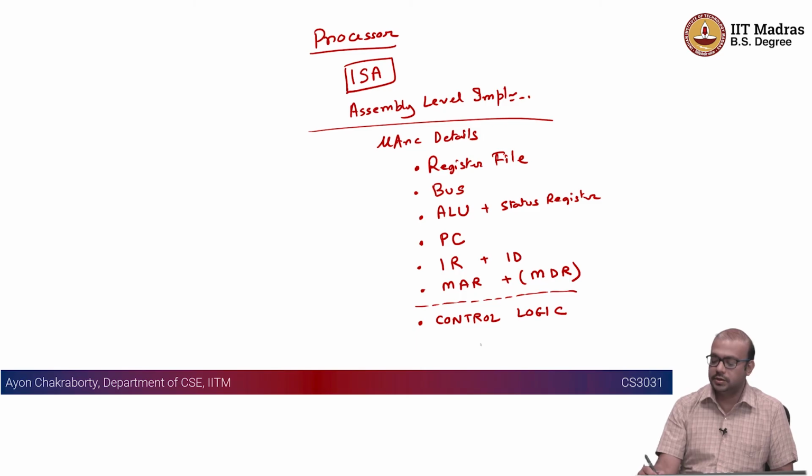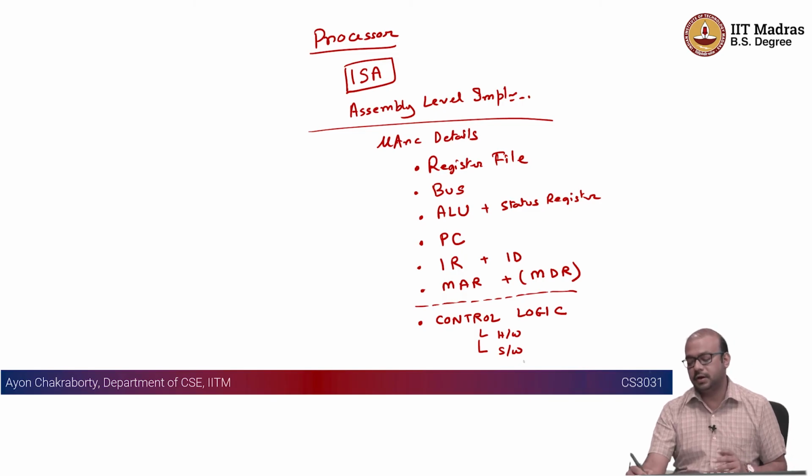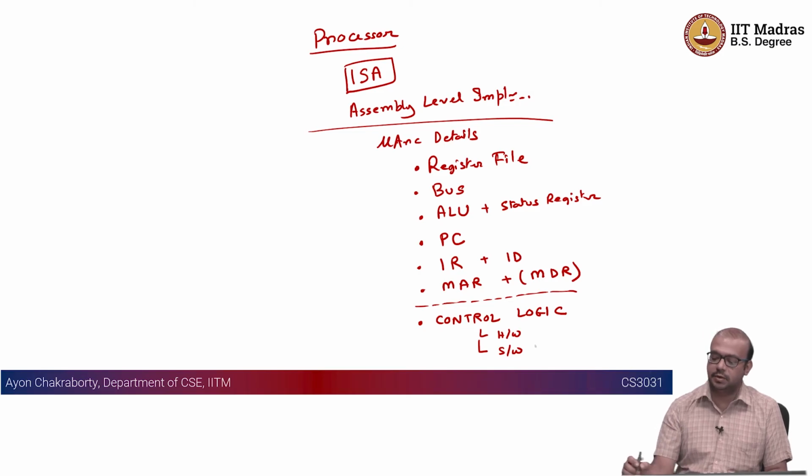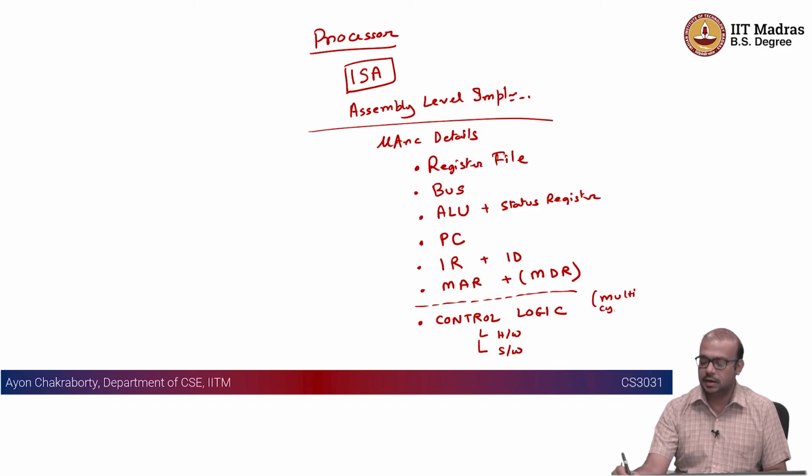The control logic could either be implemented in hardware, or it could be programmable control logic, which we called software control logic, where we program some kind of ROM where we implement all the control signals or the micro instructions that are going to be issued when an instruction gets executed. So this was a multi-cycle and non-pipelined multi-cycle processor.